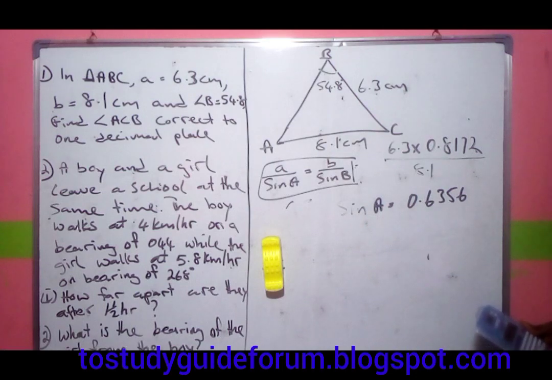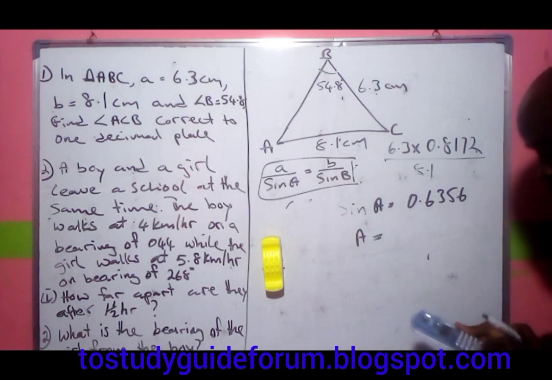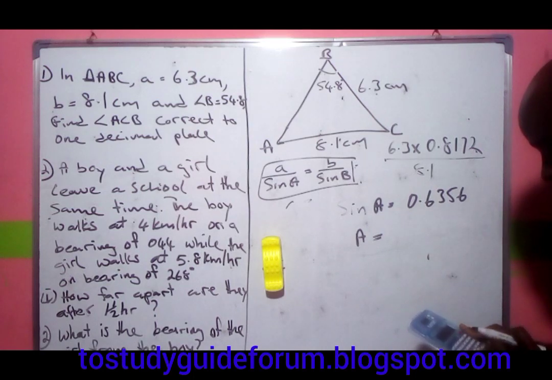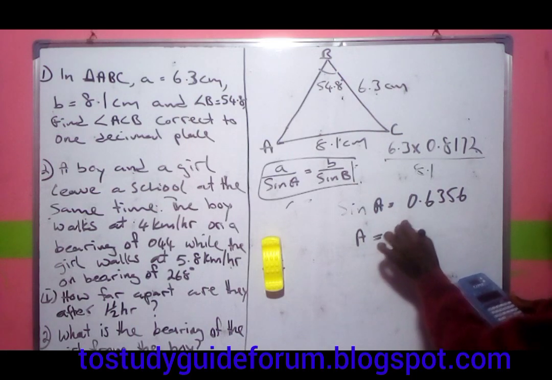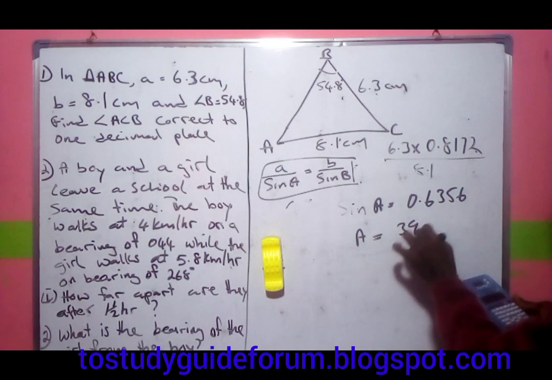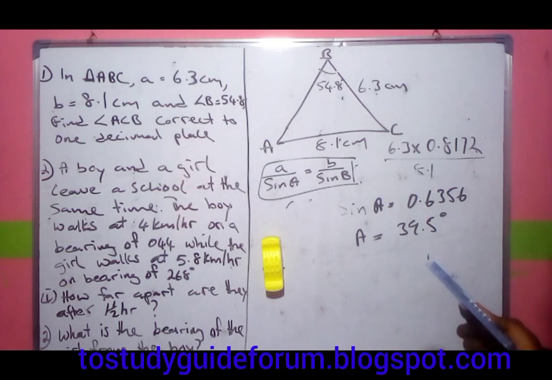Getting the inverse, the arc sine of this, we have A equal to 39.5 degrees to 1 decimal place.